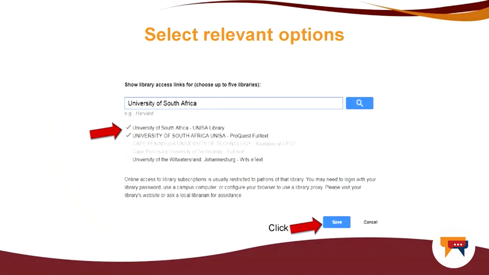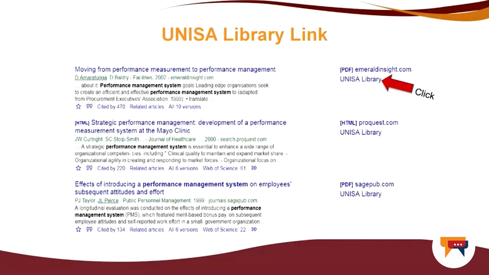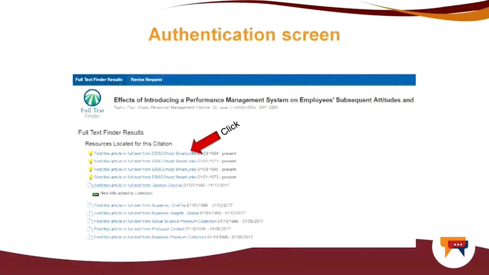Save at the bottom, and then where the arrows are, save, and then what happens is this is what your Google Scholar screen will look like. The moment that you've gone through this process, it will indicate to you if Unisa Library is subscribing to that specific vendor's databases. And if you click on Unisa Library, you will be able to access your article there.